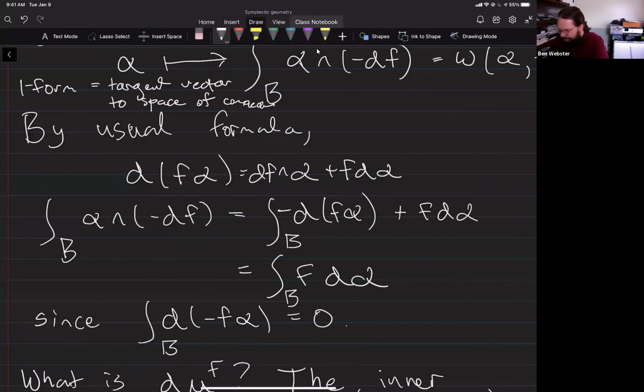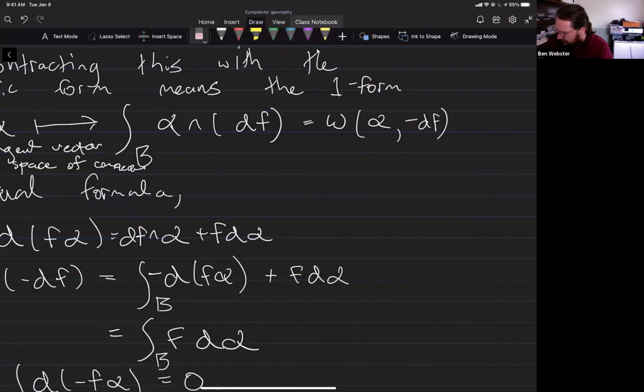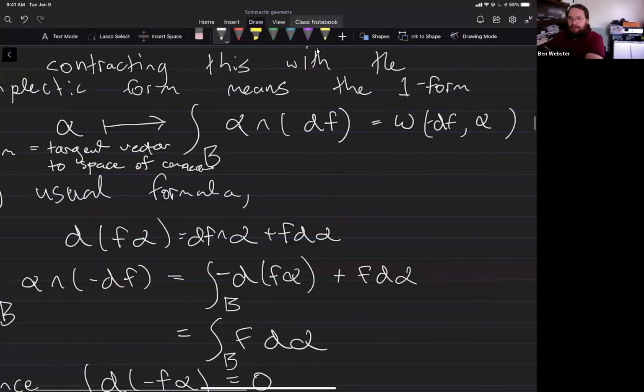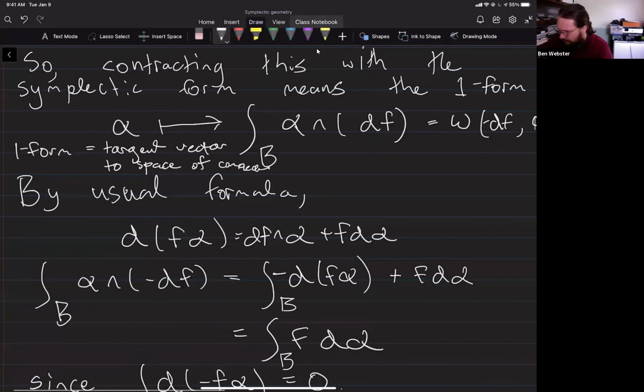So when I integrate alpha wedge minus df, I can rewrite that. Okay, I think I found my sign error and I can actually fix it. That minus sign shouldn't be there because I should actually be taking these in the opposite order. Minus df alpha. So I put these guys in the wrong order, and I'm getting rid of a minus sign to correct for that.